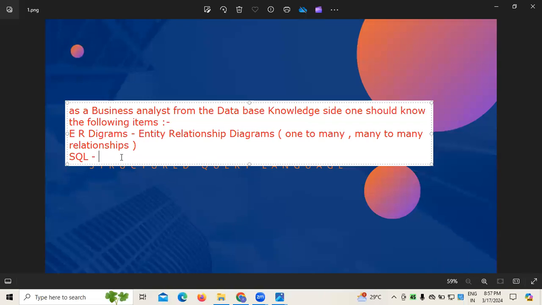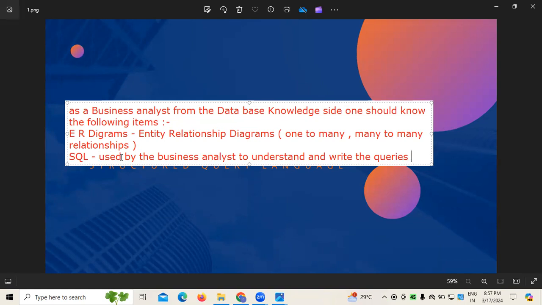As I told you, SQL is used by the business analyst to understand and write queries. For what purpose? Sometime back I told you, if you want some business decision to be taken, you as a BA are also a business decision maker.